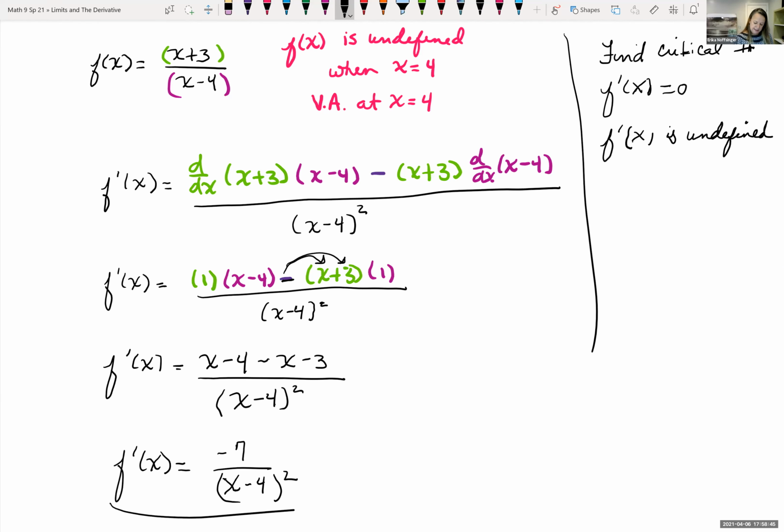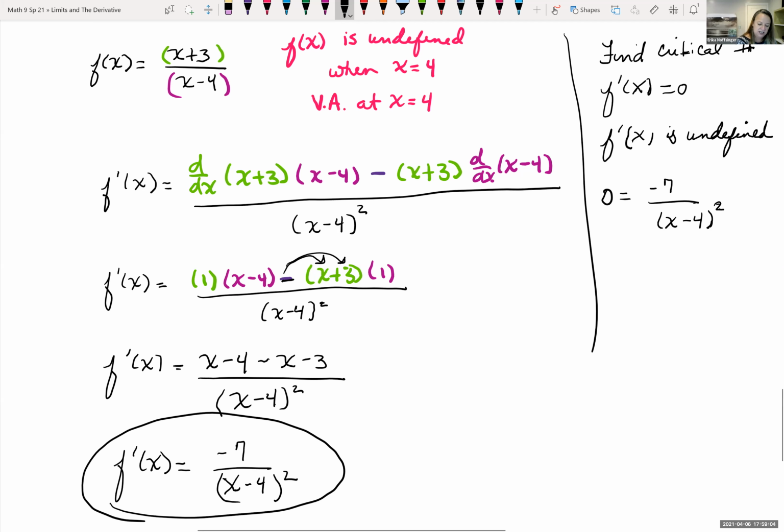So notice that this is never equal to 0. If I set that equal to 0, 0 is equal to negative 7 all over x minus 4 quantity squared. We multiply both sides of our equation by this x minus 4 quantity squared to clear the fraction. Whatever I do to one side, I have to do to the other.